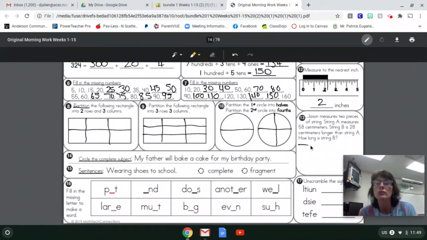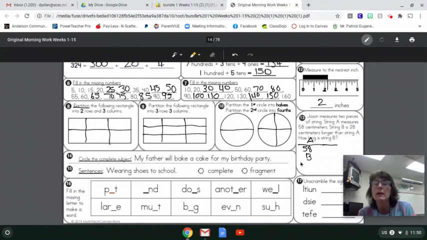I can draw string A, and it is 58 centimeters. I'm going to put a 58 right down here just to label it. I'm going to make it a little bit longer. And then string B is over here, and string B, I'm going to put it down here.